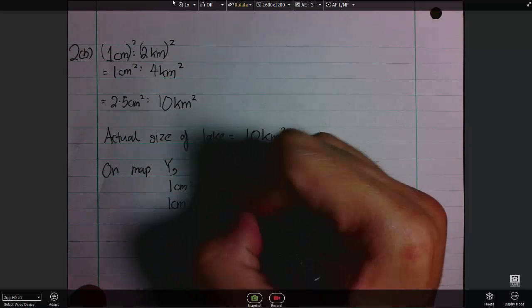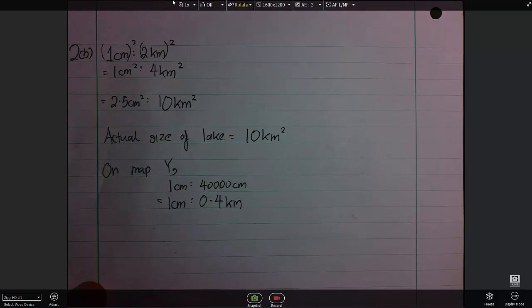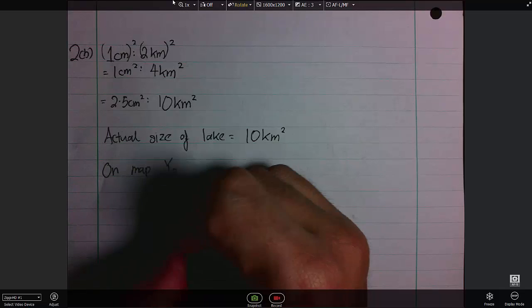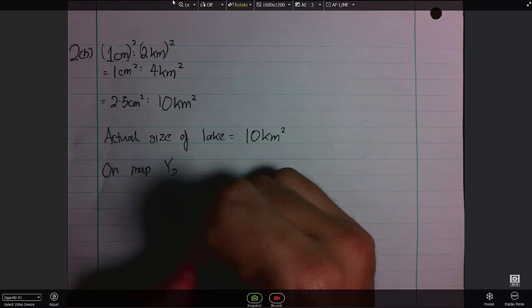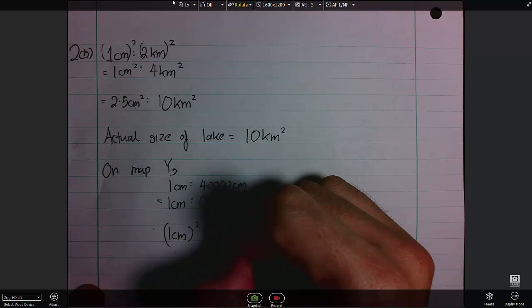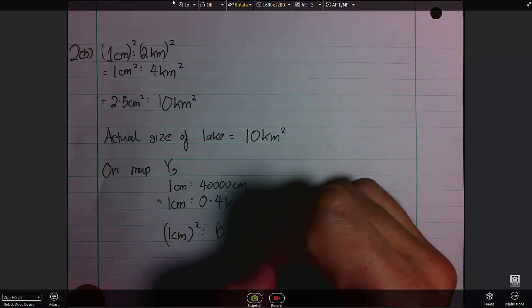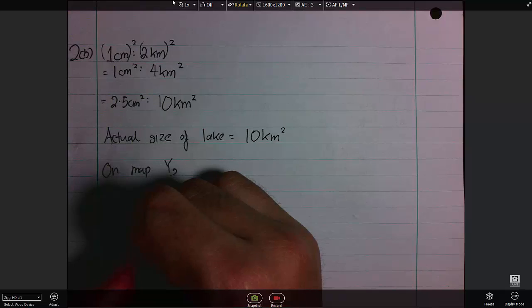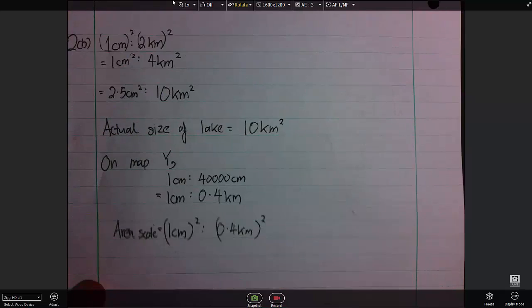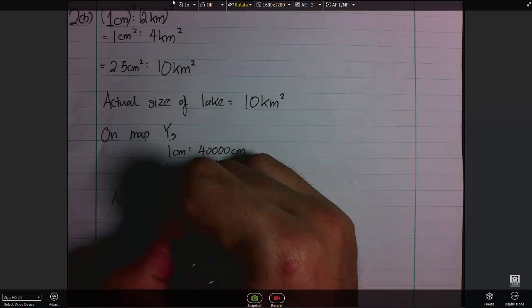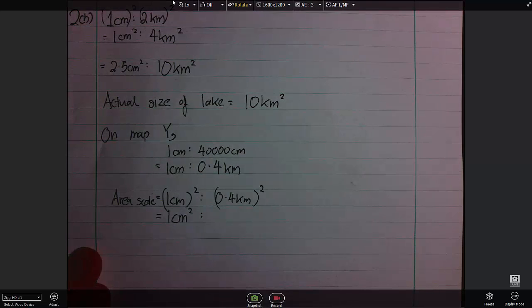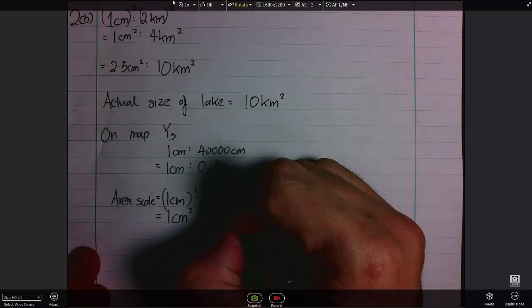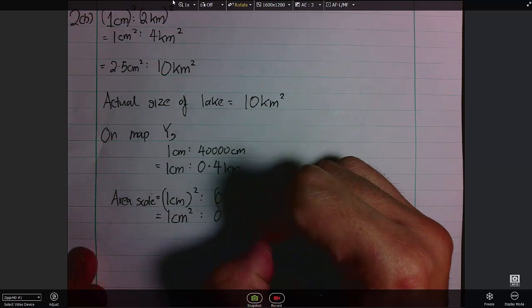So 1 cm represents 0.4 km. Now for the area scale, I take 1 cm and square it, and I take 0.4 km and square it. So 1 cm square will represent 0.4 squared, which is 0.16 km square.